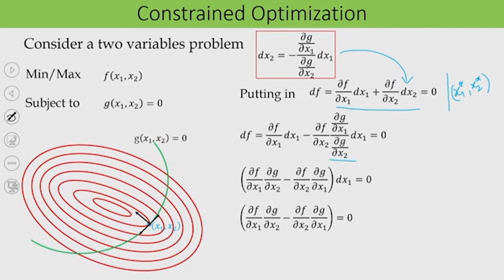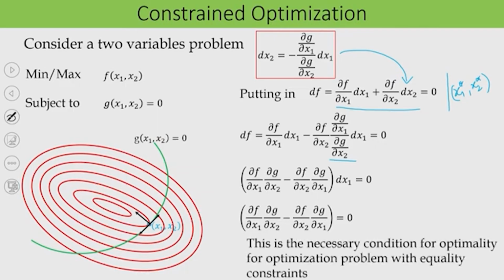So this is the necessary condition for optimality: del f by del x1 into del g by del x2 minus del f by del x2 into del g by del x1 is equal to 0. This is the necessary condition for optimality for an optimization problem with an equality constraint.